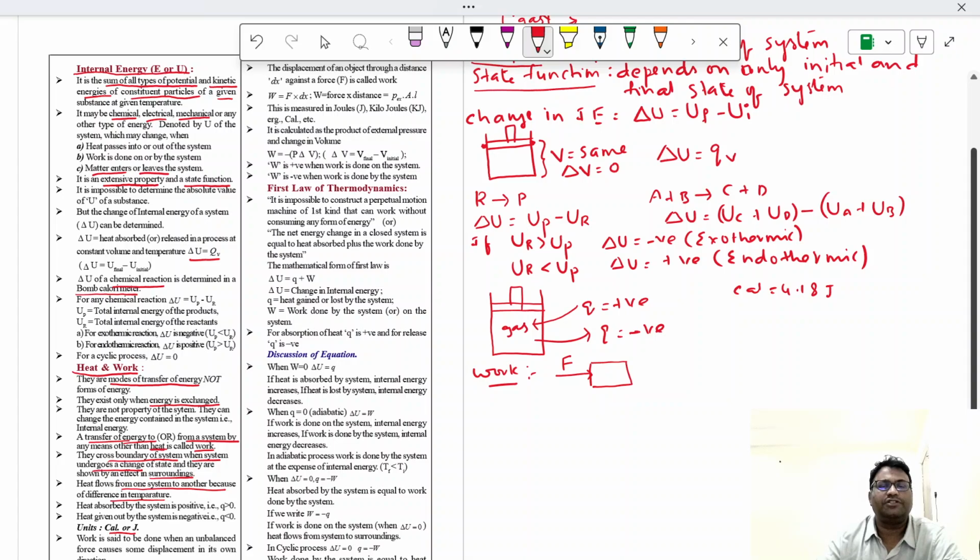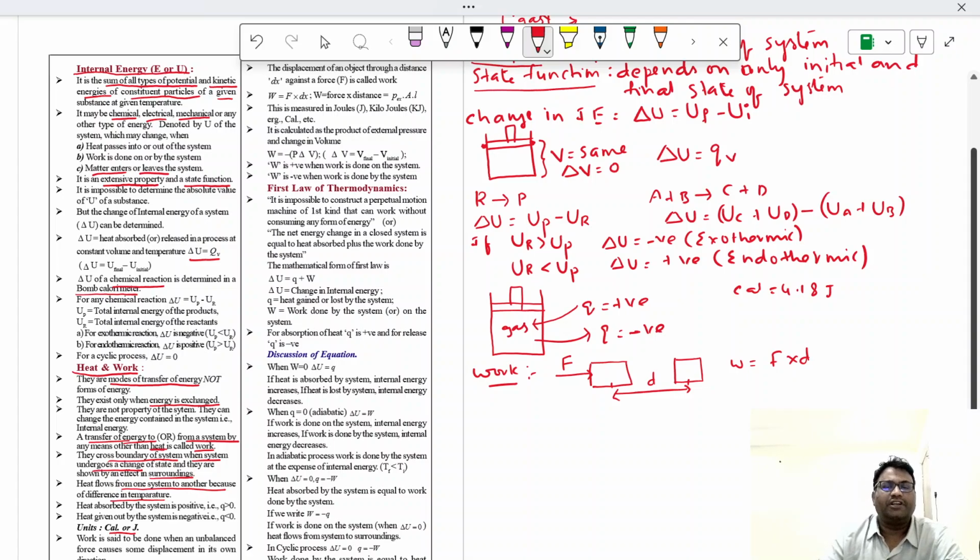This force is pushing the body up to here. Now it has moved through a distance of, for example, d. Then the work done by that force is given by F into d.